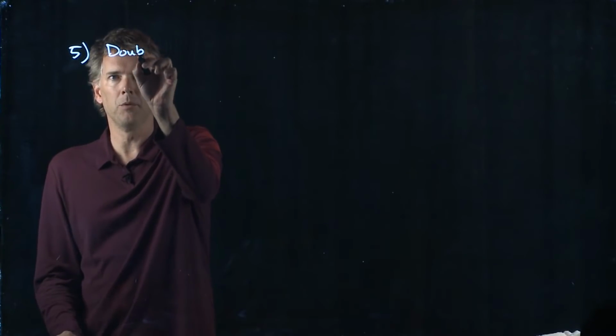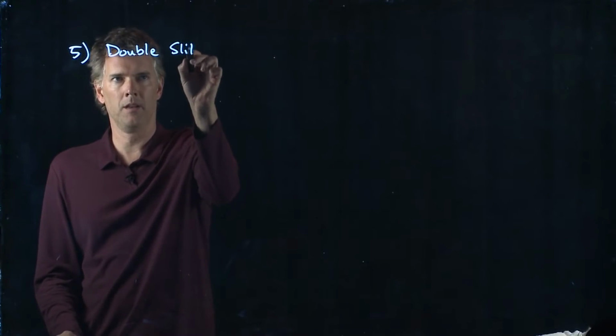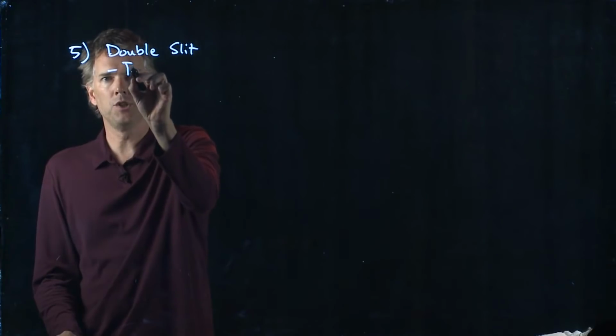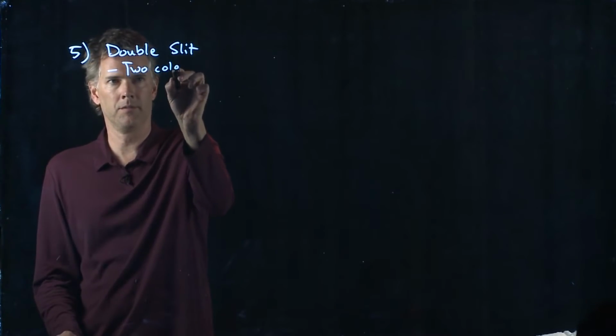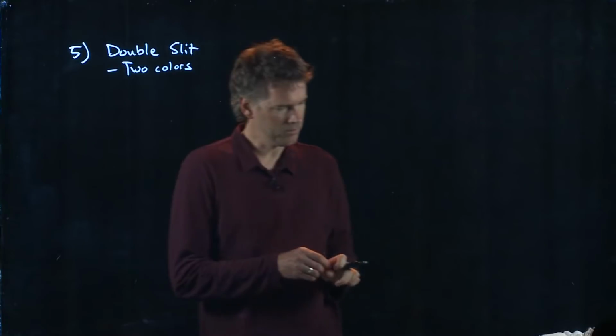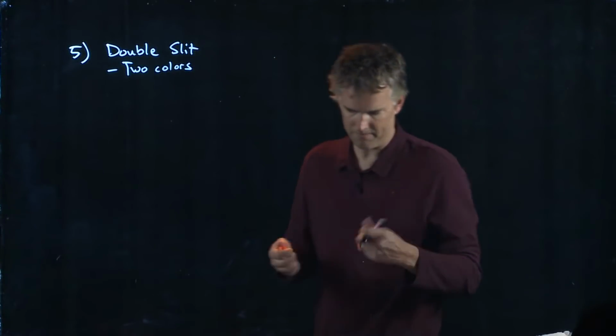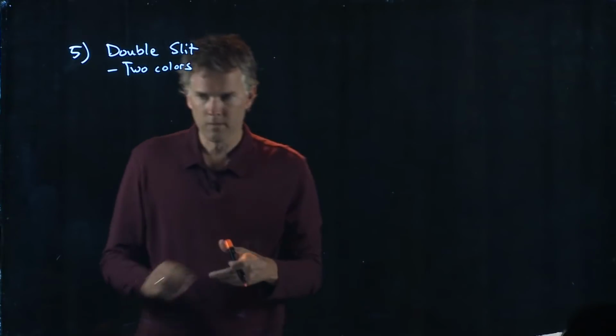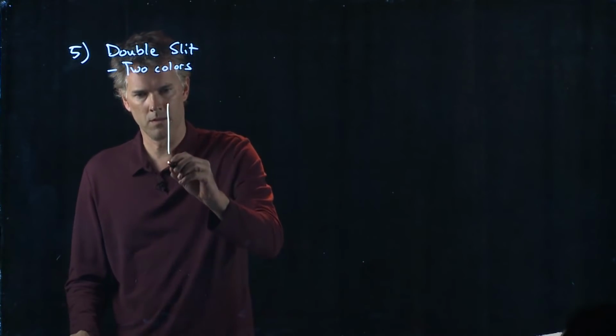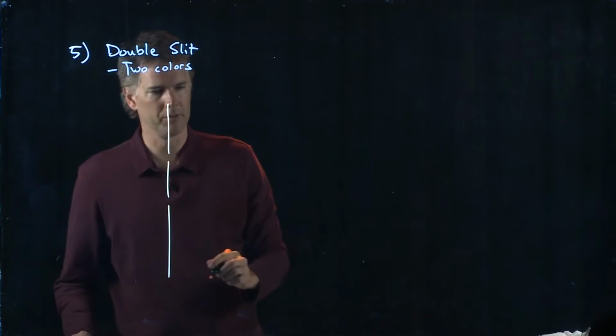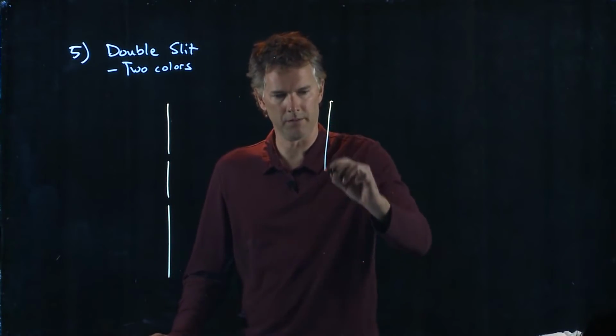Okay, so this is a double slit experiment, but we have 2 different colors. So we're going to draw this hopefully carefully. Here's our double slit. Here is our distant screen.